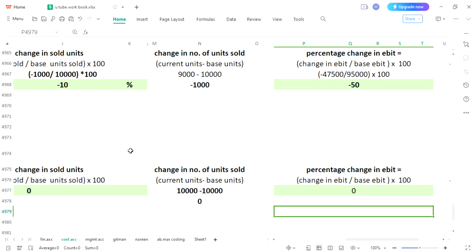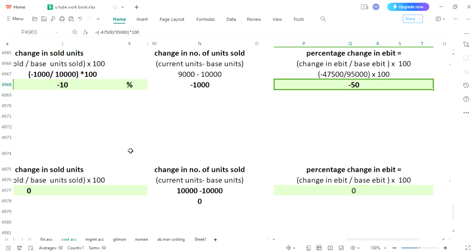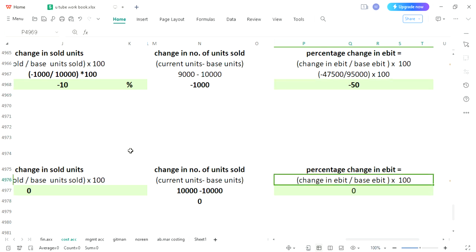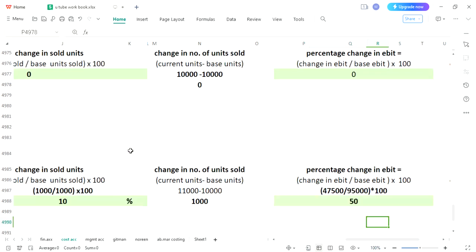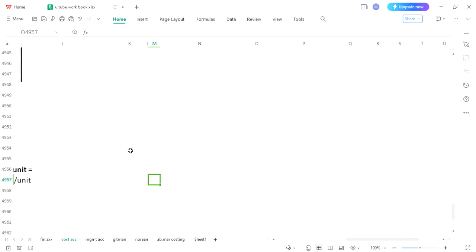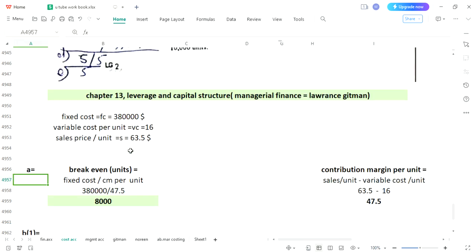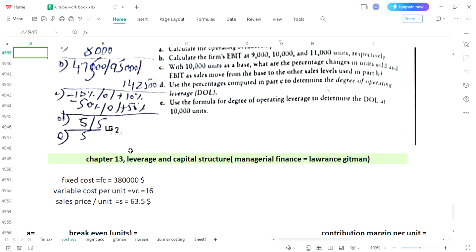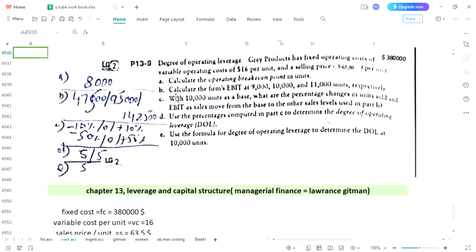First answer, look over here, green, minus 50, and then 0, and finally plus 50. In this way, our part number C has been calculated. 6 answers were needed, and we have calculated all 6 answers: minus 10, 0, plus 10, minus 50, 0 and plus 50. It means C part has been completed.